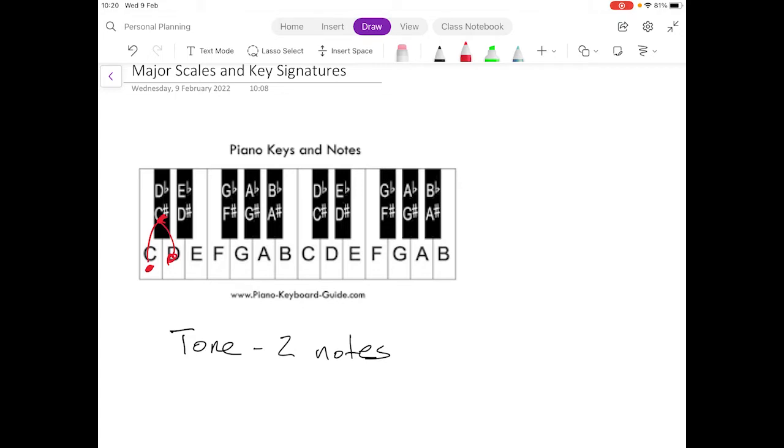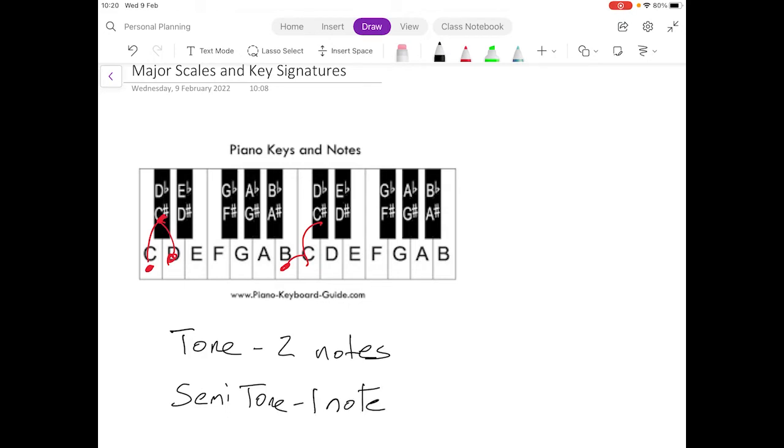If I was to go from, let's say, B, and move a tone up, I would have to go two steps. So I'd go 1, 2, and it would be C sharp that would be a tone up from B, okay? So that's a tone. A semitone is simply one note. So you're just moving to the next note, okay?